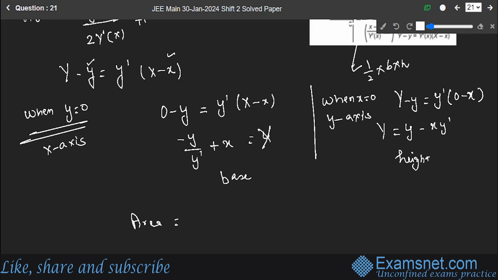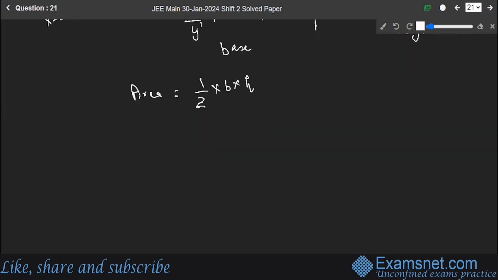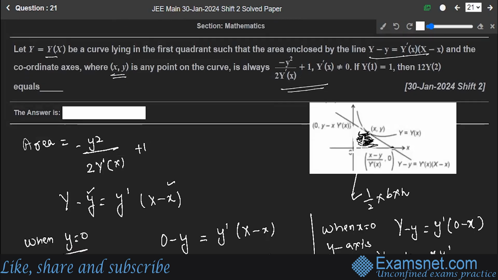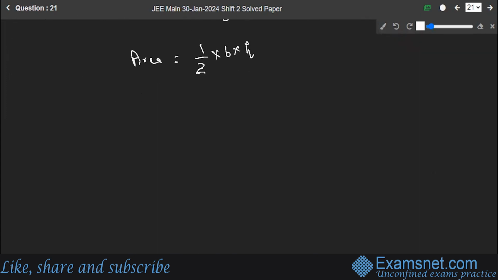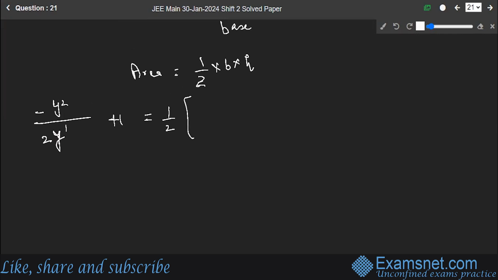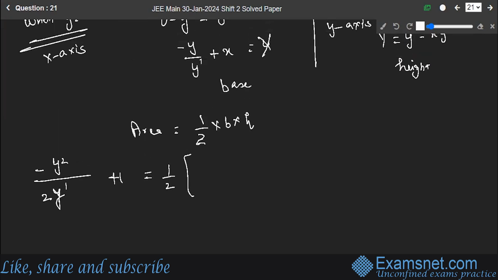Area of the triangle is half into base into height. So you're given that the area is equal to minus y square upon 2y dash, plus 1, is equal to half into base. What was the base?